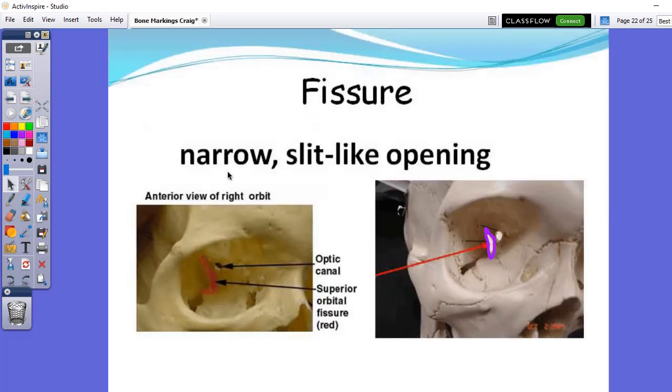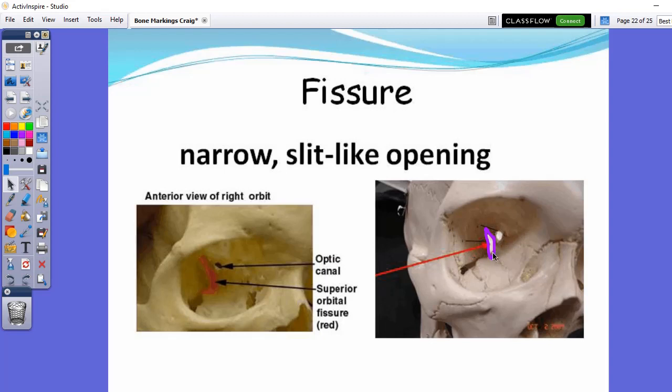A fissure is next, and a fissure is not a hole, it's not a tunnel, it is going to be a slit-like opening in a bone. If you look inside this orbit, the orbit of the skull where your eyeball would sit, there is a fissure in the back called your superior orbital fissure, and then there is a hole right beside it.